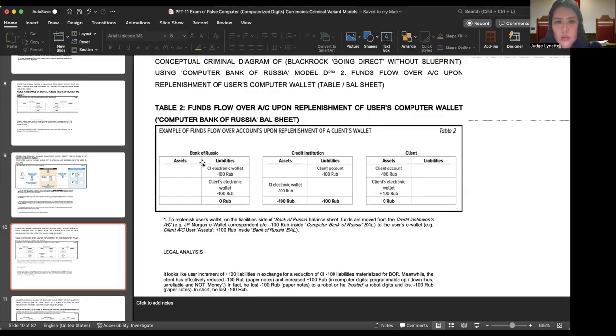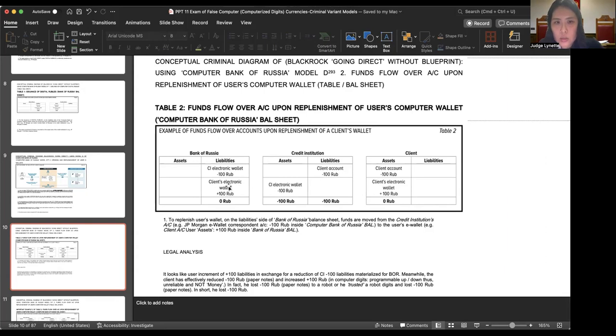And then at the same time, the Bank of Russia has reduced its liability to JP Morgan, a credit institution, by worthless electronic digits of minus 100, and it owes instead the client's electronic wallet as a liability to the client by plus 100 rubles.